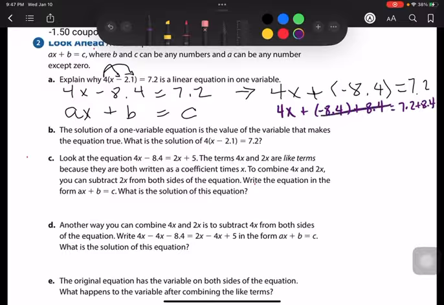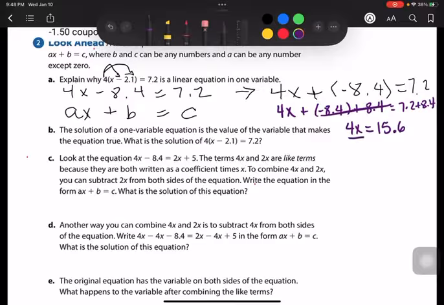We have to add it to both sides. You're left with 4x equals, and you have to line up your decimals. So 7 plus 8 is 15, and you line up your decimals, and 2 plus 4 is 6.